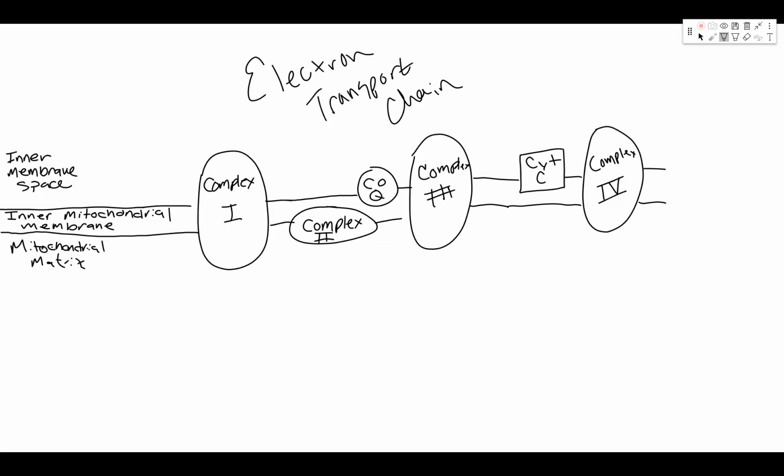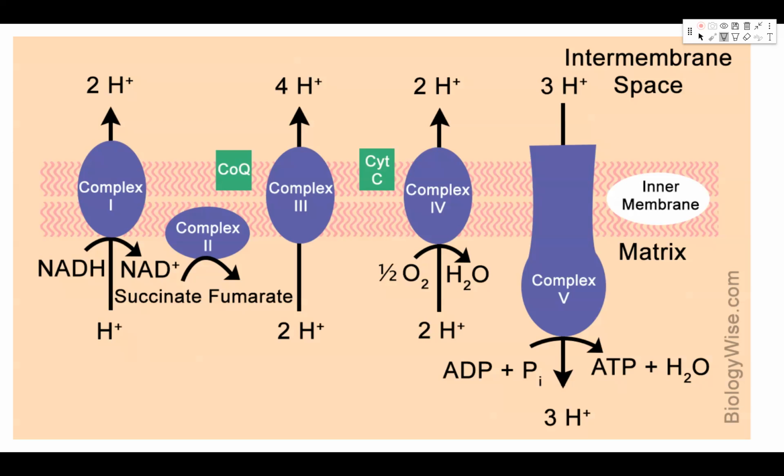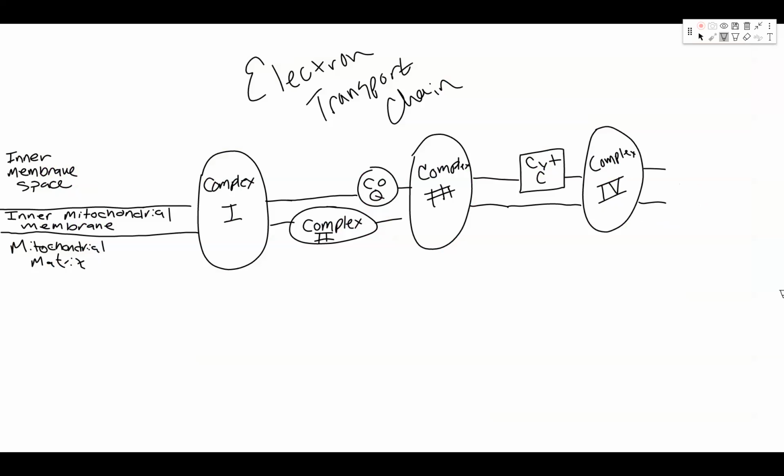At the end of our electron transport chain, we have a very special protein. That special protein is shaped a little bit differently. We've got a transmembrane component, and then it actually has a spinnable part at the bottom. So usually it is drawn like a little pumpkin. I'm going to try to do that. There we go. Cool.